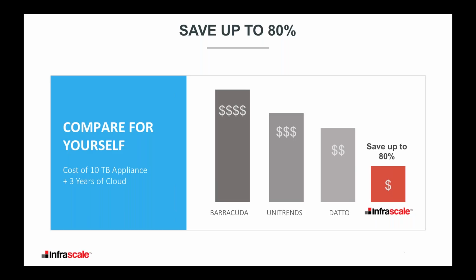Well, here is an apples-to-apples comparison that we did with a couple of other vendors out there: Barracuda, Unitrends, Datto. And here, of course, you can compare for yourself. We're happy to share this with you as well. But we found that the cost of a 10 terabyte appliance with 3 years of cloud storage saved 80% using InfraScale.